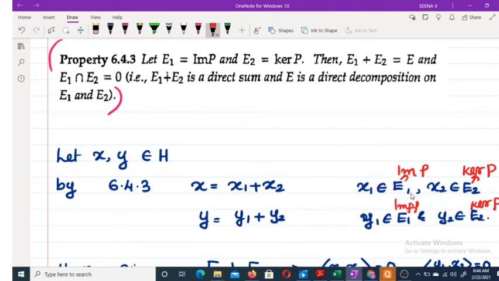If x1 belongs to image P, we have Px1 equals x1. If x2 belongs to kernel P, we have Px2 equals 0. Similarly, Py1 equals y1 and Py2 equals 0.